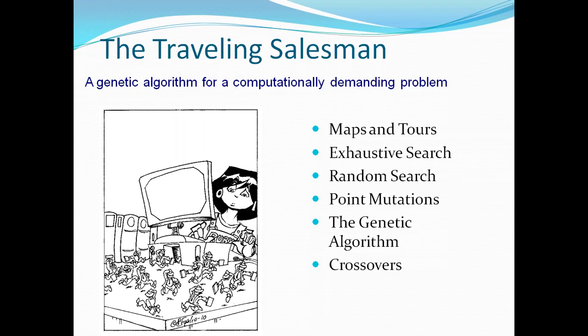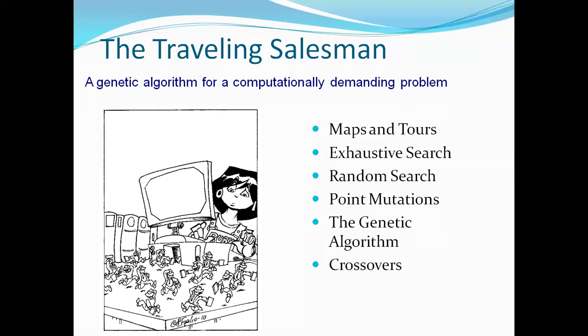In this, there are some sub-methodologies existing. The first one is maps and tours. As per computer guidance or satellite guidance, the route maps, as in practical situations, we are utilizing Google Maps.